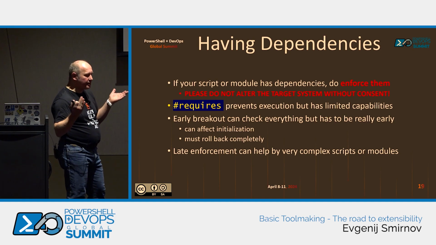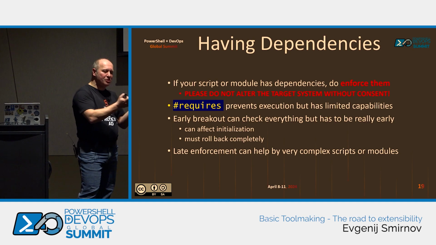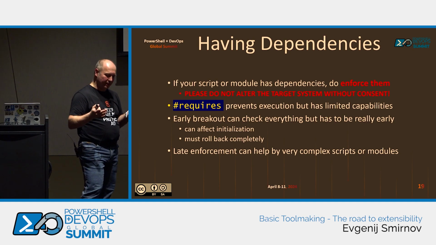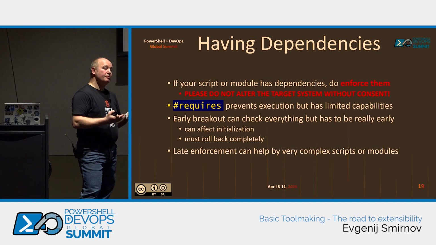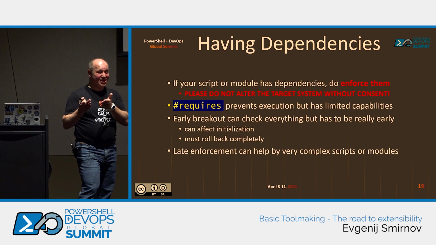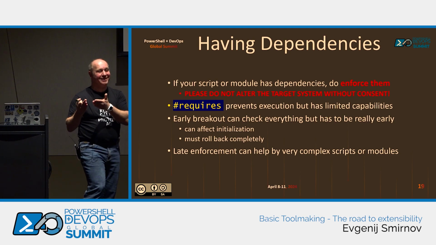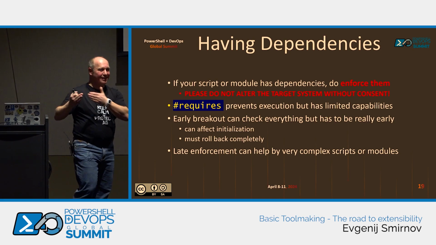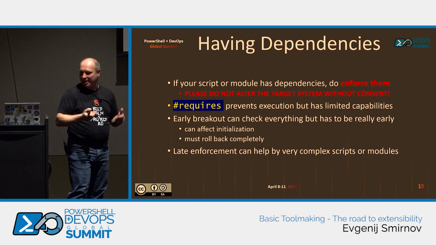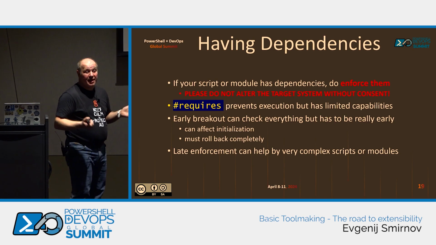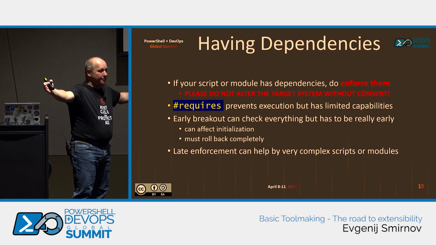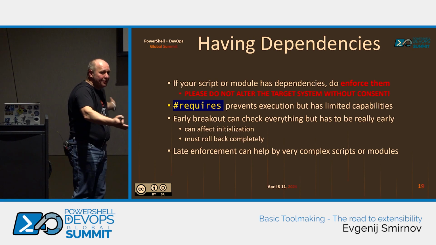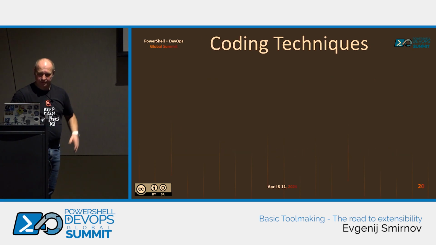For instance, if your tool does virtual machine management, and you provide this functionality for Hyper-V, then the next suggestion from your user base will probably be to do that same thing for VMware, Proxmox, XenServer, and all these other sorts of hypervisors. And you can absolutely do that, but you shouldn't check for VMware PowerCLI as a global prerequisite for running your script, because those doing Hyper-V, they don't need that. Think about it.